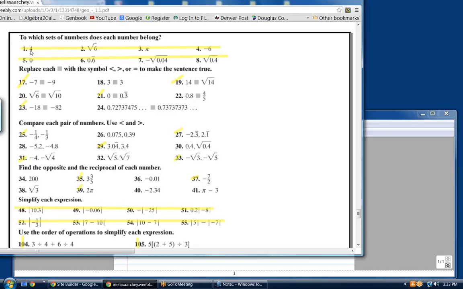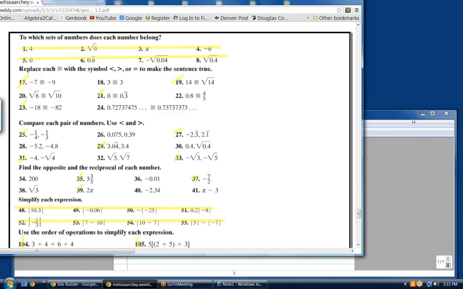It would be all integers. It would be all positive integers. It would be rational numbers. You get where I'm going? Right, and then natural numbers. I don't know all of the different sets that exist, but I know the ones that I mentioned.